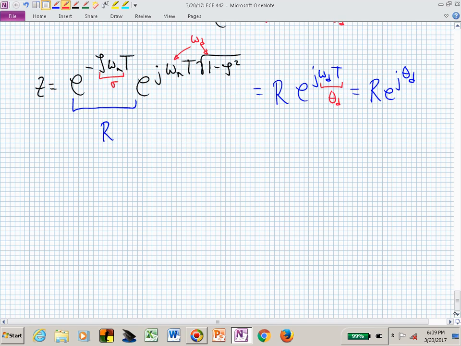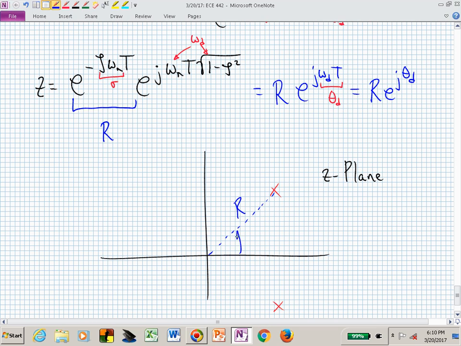So in the z-plane, when we talk about complex poles, we are talking about two poles in the first quadrant and the fourth quadrant. They are a distance away from the origin of value r, and they are at an angle of theta sub d.